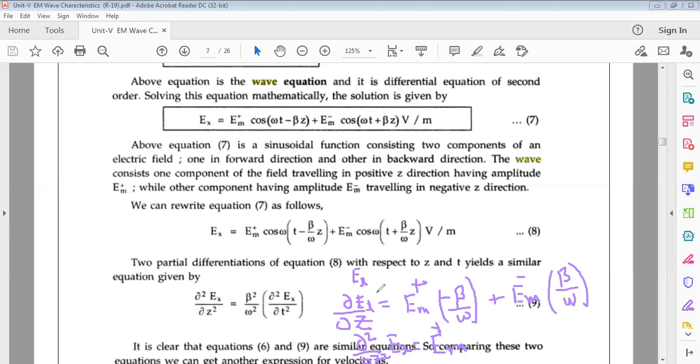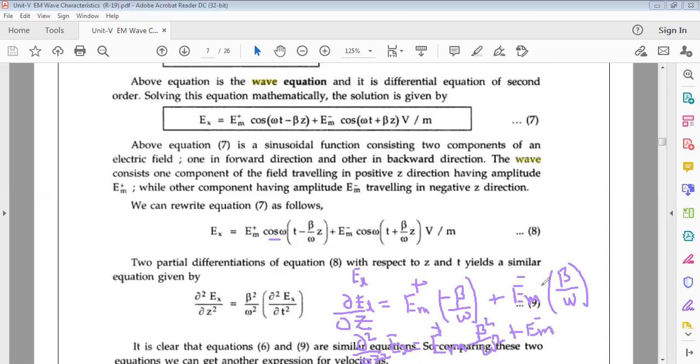Sine becomes again cos, and the z coefficient is minus beta by omega. Already the minus beta by omega is there, so minus into minus is a plus, beta square by omega square. Okay, my dear students. Cos one time gives sine, and the second derivative becomes again the cos. Got it? Plus Em minus.